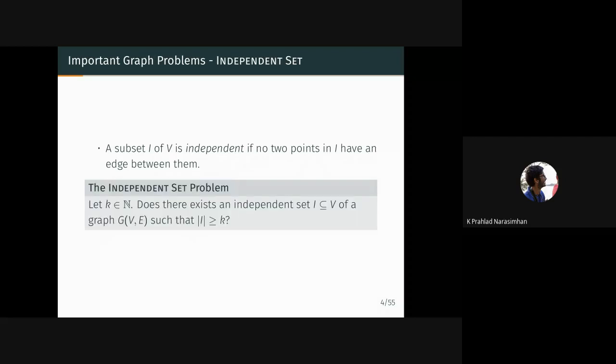This naturally leads us to the independent set problem, which asks: given a natural number k, can I find an independent set of the graph such that the cardinality of the set is at least k? This is super famous. You should have seen this quite some time ago.